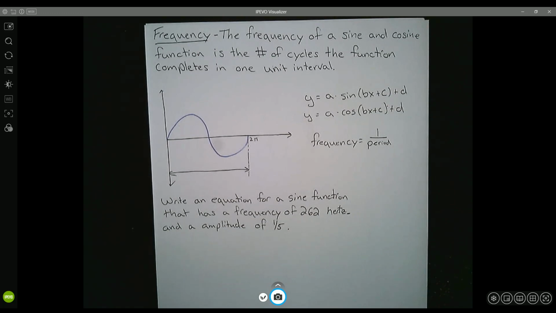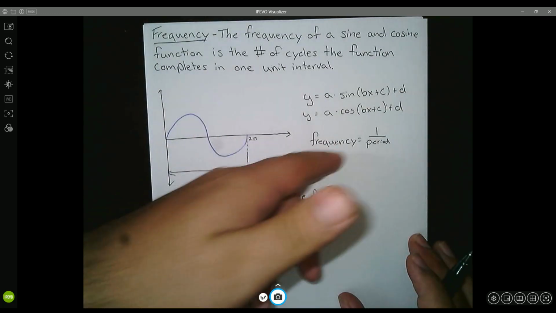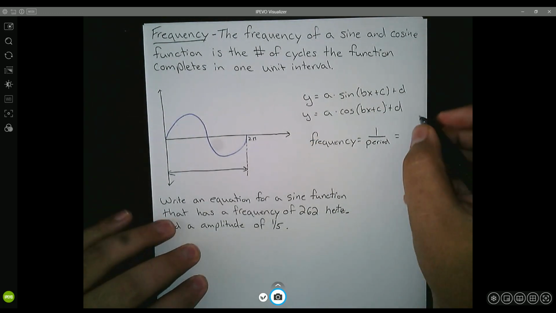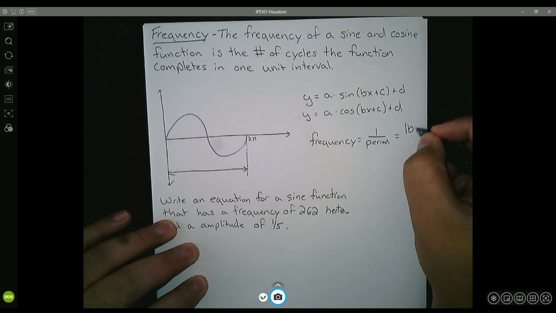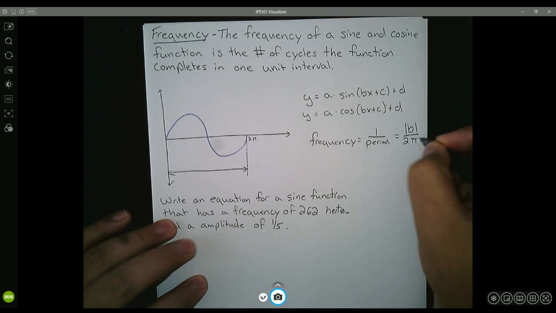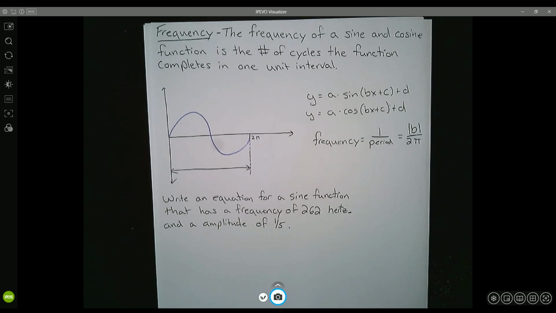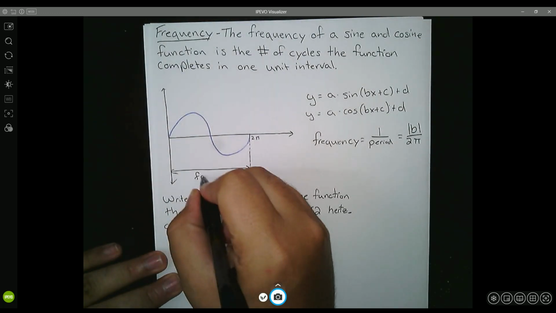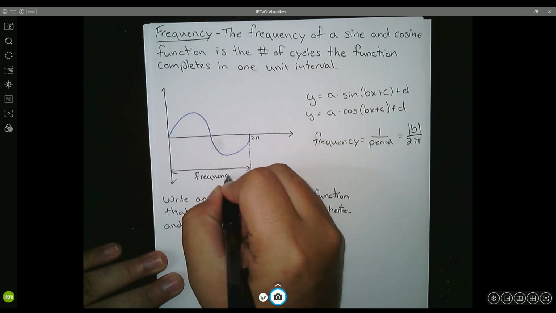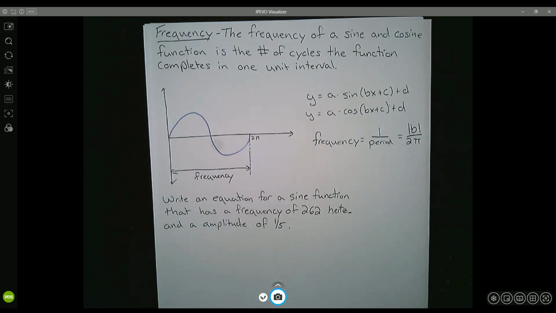So frequency is 1 over that. When we say 1 over the period, that can also be stated as the absolute value of b over 2 pi. That is essentially where we're using our calculations. We still haven't defined c and d yet, and we'll get to those eventually.